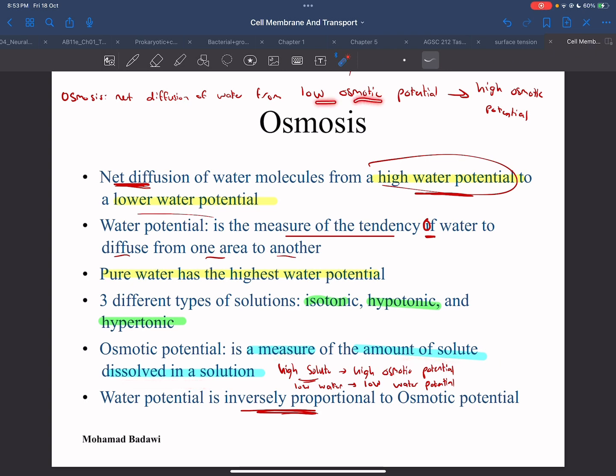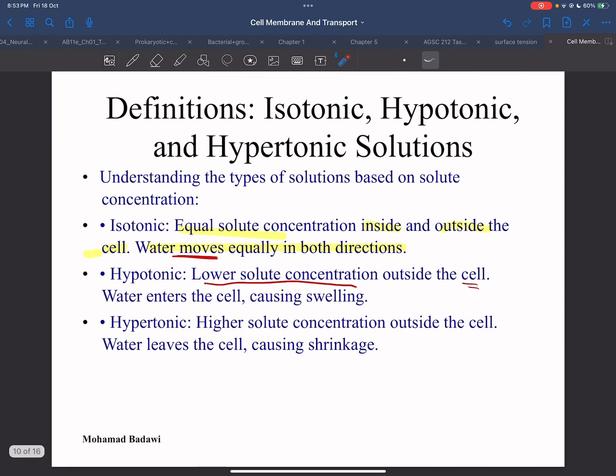So water moves from low solute concentration to a high solute concentration. That's why in hypotonic solutions we have a low solute concentration outside the cell, so water will enter the cell, which causes swelling.